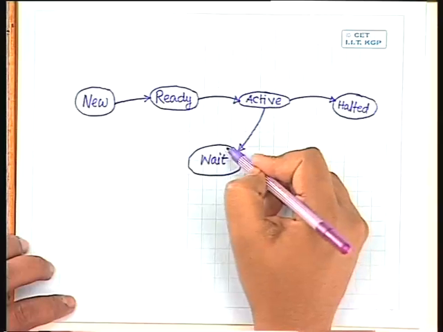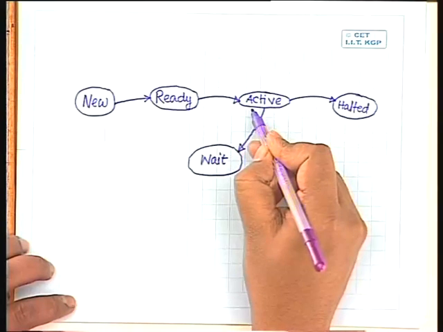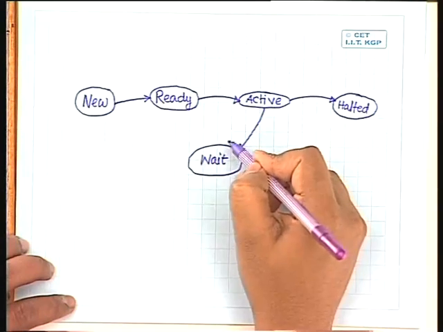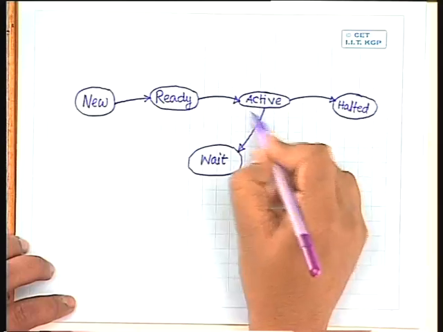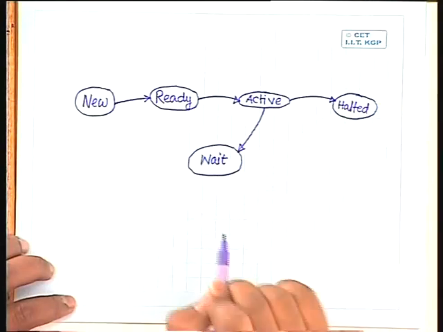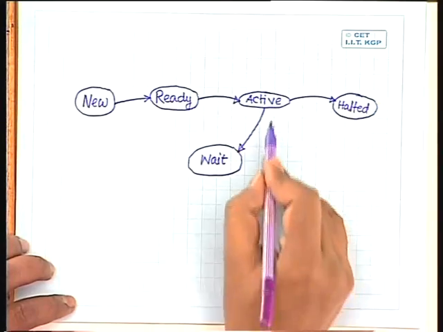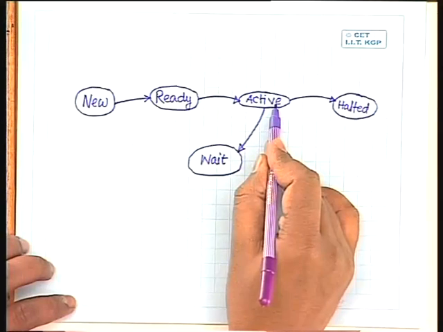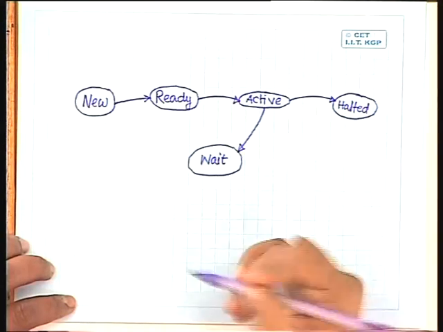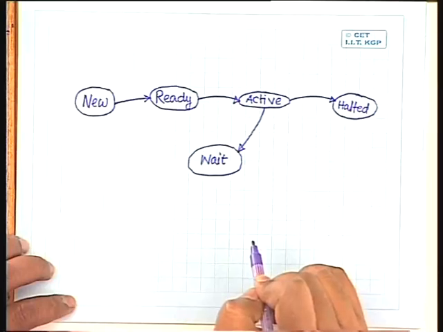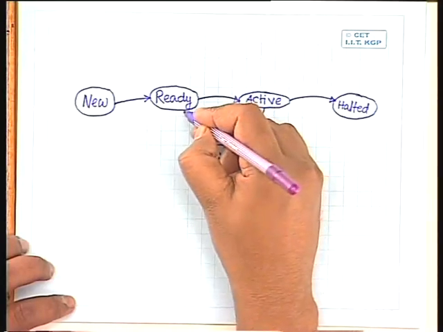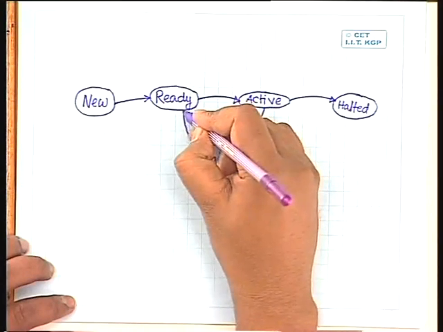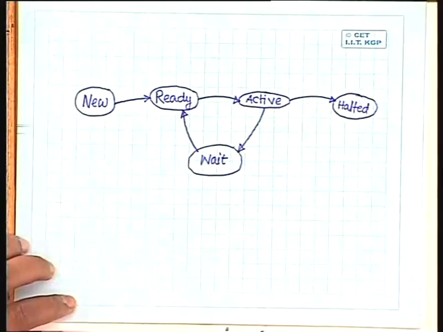So there are two ways. Either you can move from wait state to active state directly, but that will not be very logical, because the CPU is working on some other process at that time, and it is expected that the process being executed by the CPU will again go for some I/O operation later. So what we can do is move the process from the wait state to the ready queue, or ready state.